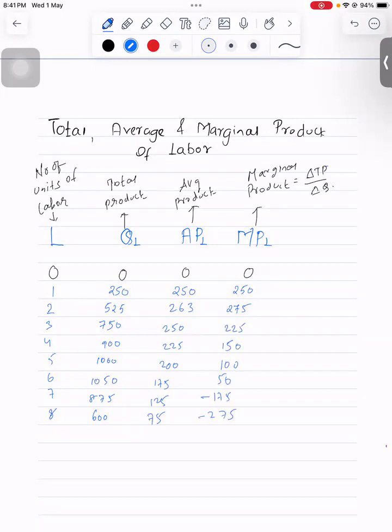Yes, for marginal, you apply this formula: change in total product divided by change in quantity. Not from 250, from previous production you can find.